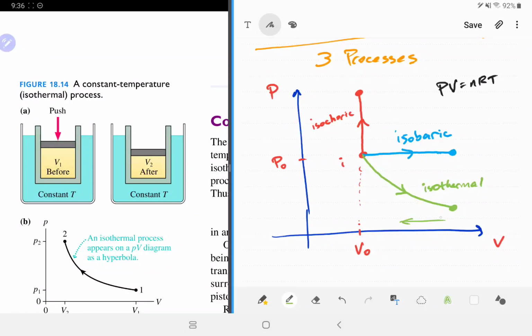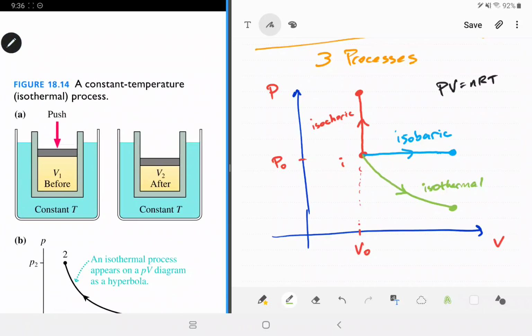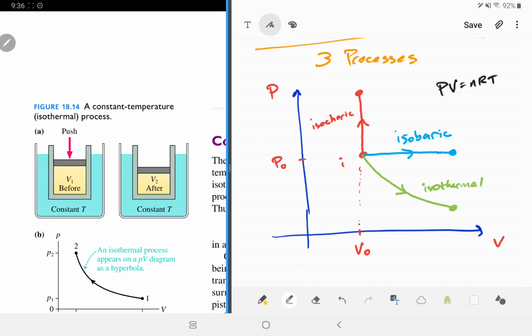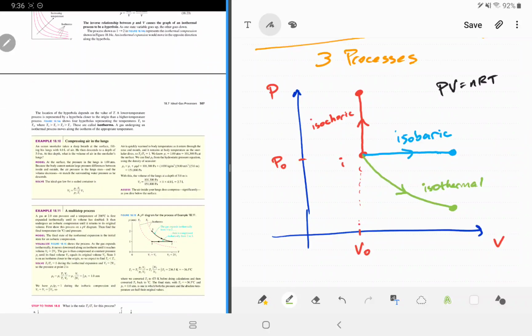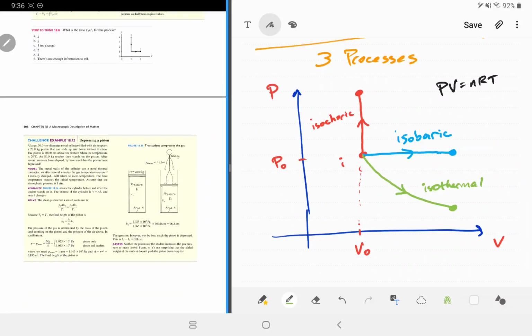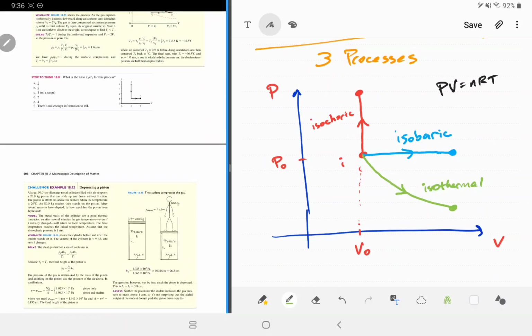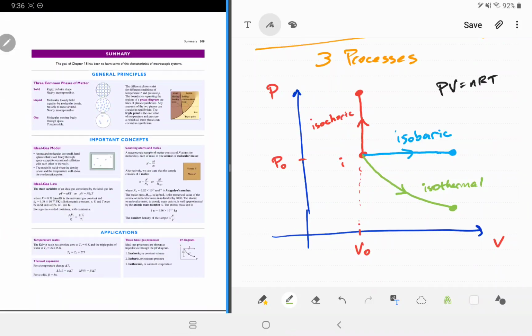So in this picture, you're decreasing the volume. It looks like the pressure has to go up, which makes sense from this picture, right? If you're squeezing this piston in, it would make sense that the pressure goes up. And this would have to be done obviously slowly in order for the gas to come to equilibrium along the way. Okay, so there's more information that we'll jump into in the next chapter.